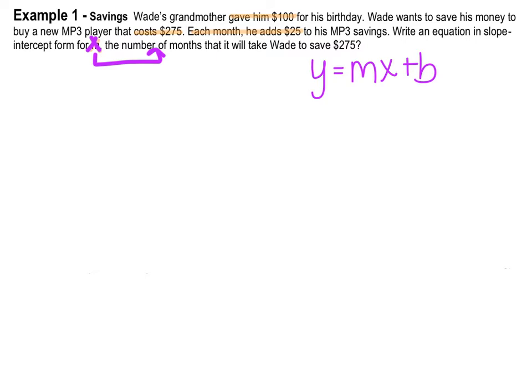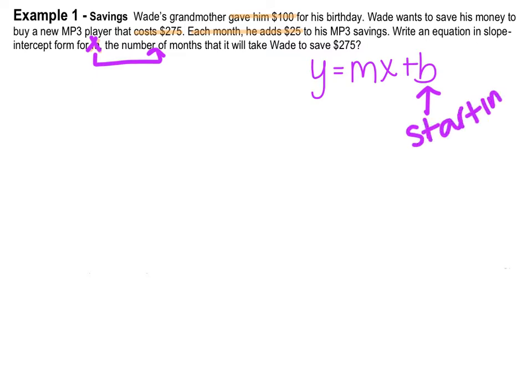When you look through this, whatever amount, whether it's money or a starting position or time, whatever happens to be, if you always have that amount, that is your y-intercept. So your y-intercept is your starting point.